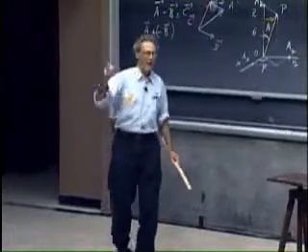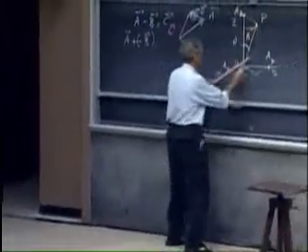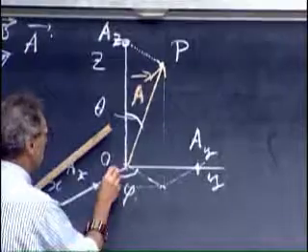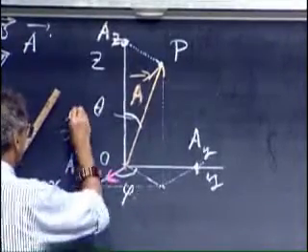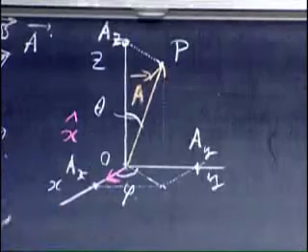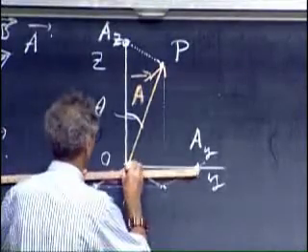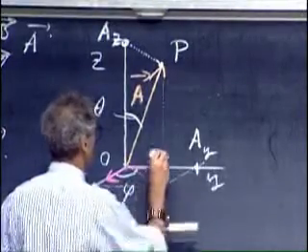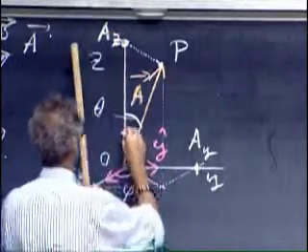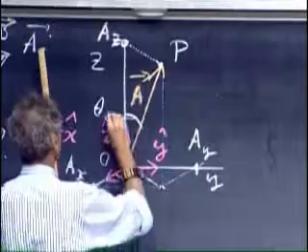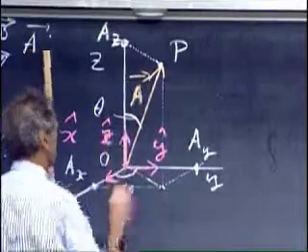Positive axis, and the unit vector in the x direction is this one. It has a length 1, and we write for it x roof. Roof always means unit vector. And this is the unit vector in the y direction, and this is the unit vector in the z direction.